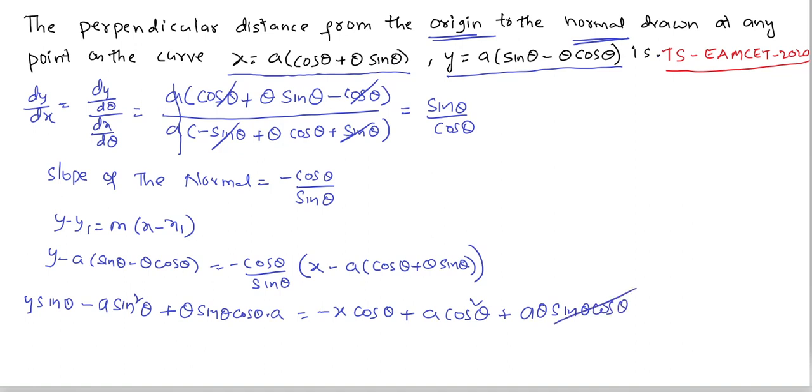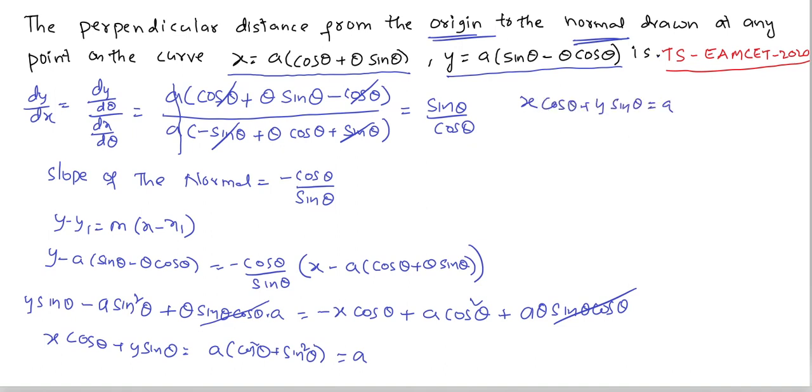On both sides a theta sin theta cos theta cancels. From this, x cos theta plus y sin theta equals a times (sin square theta plus cos square theta), the value is 1, that is a. This is the normal equation: x cos theta plus y sin theta is equal to a.